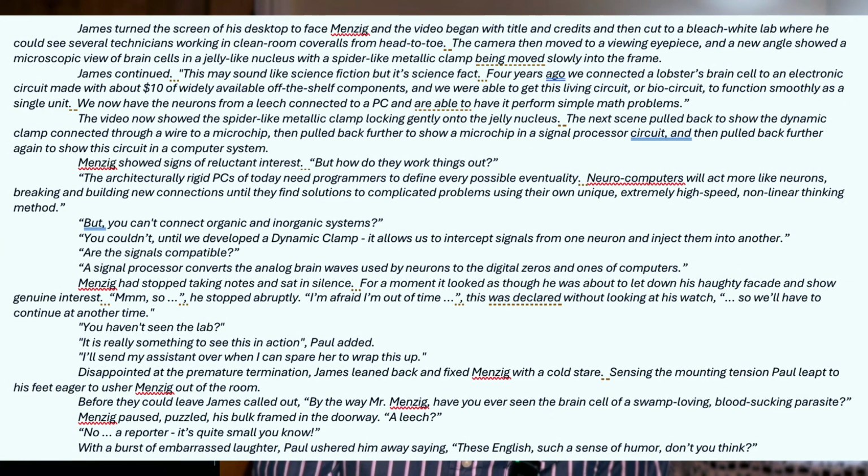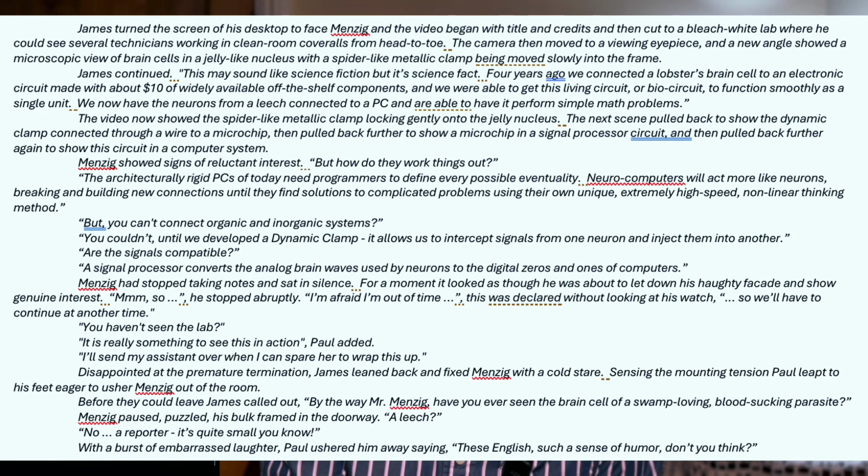Disappointed at the premature termination, James leaned back and fixed Menzies with a cold stare. Sensing the mounting tension, Paul leapt to his feet, eager to usher Menzies out of the room. Before they could leave, James called out, "By the way, Mr. Menzies, have you ever seen the brain cell of a swamp-loving, blood-sucking parasite?"